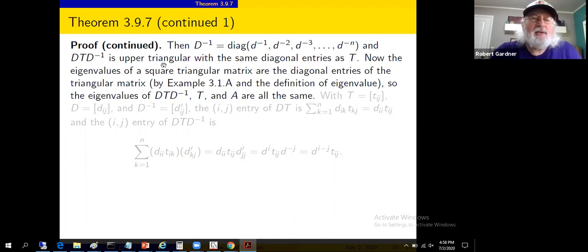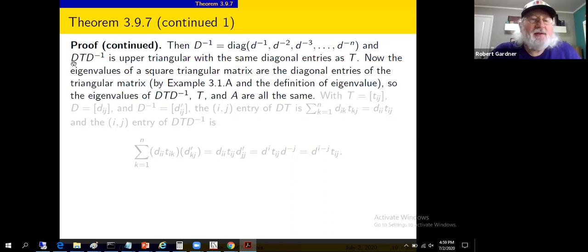How about the diagonal entries? Diagonal entries will result whenever we get products of the form, right? Matrix D has bunches of zeros and powers of d along the diagonal.